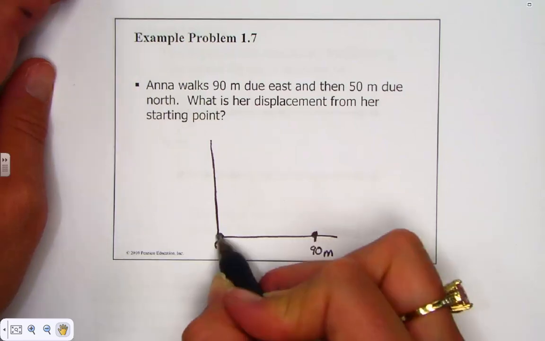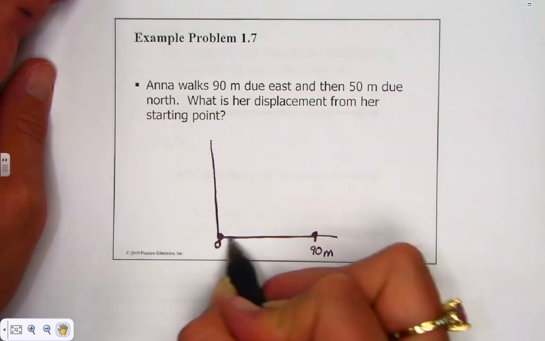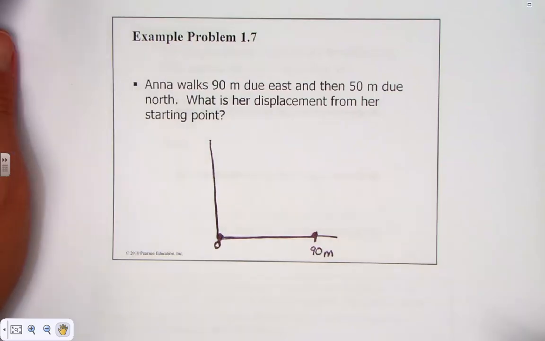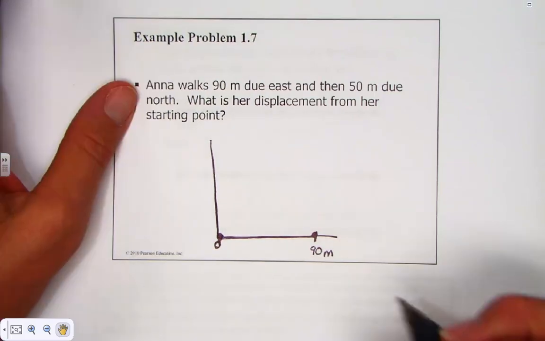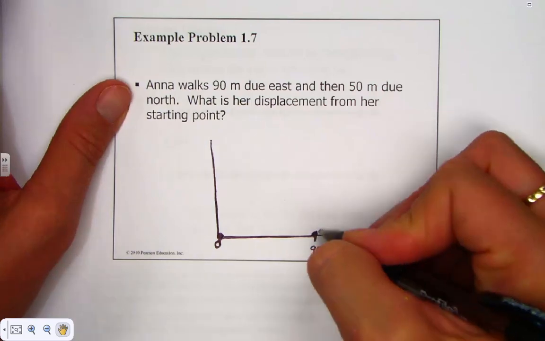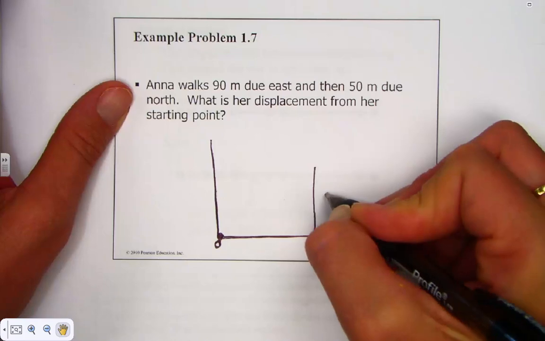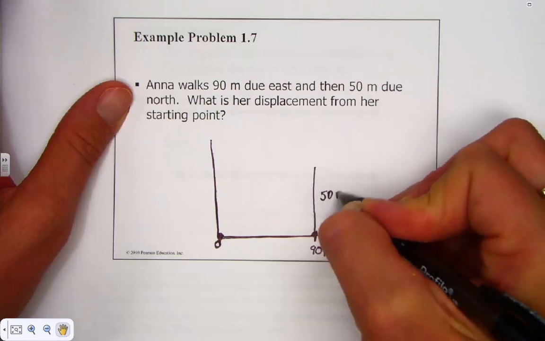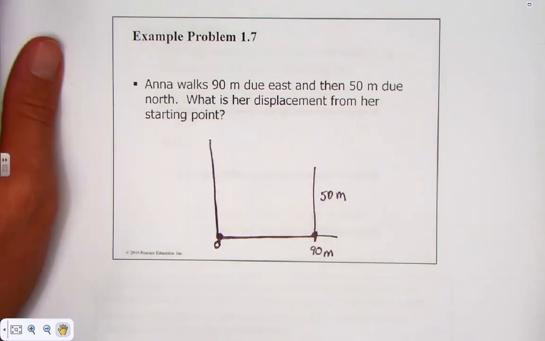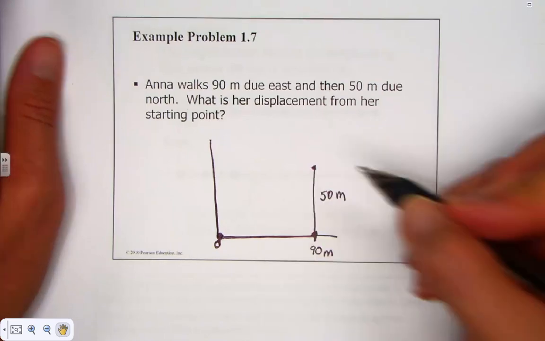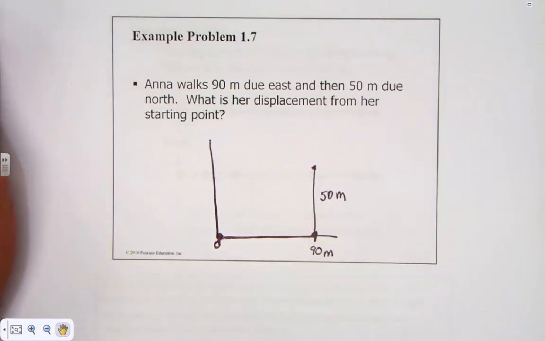So this side represents a value of 90 meters, due east. She then goes 50 meters due north. That means straight up 50 meters. What is her displacement from her starting point?